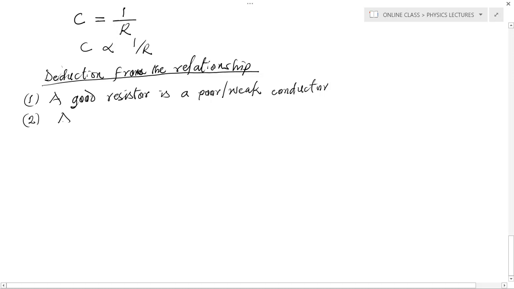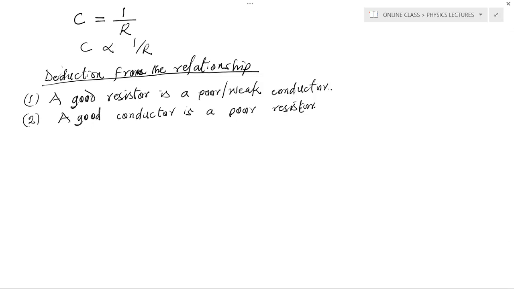Then a good conductor is a poor resistor. Now note that there is a difference between being weak or poor and bad. It means that a conductor can also be a resistor, but its performance is very low.